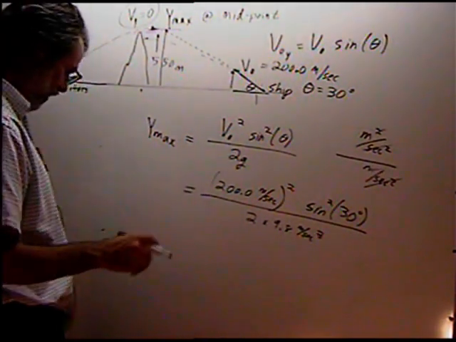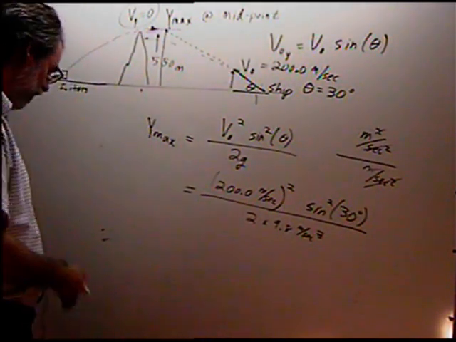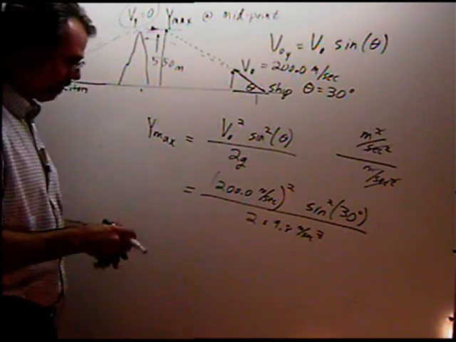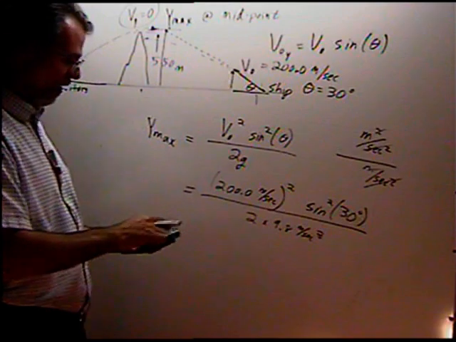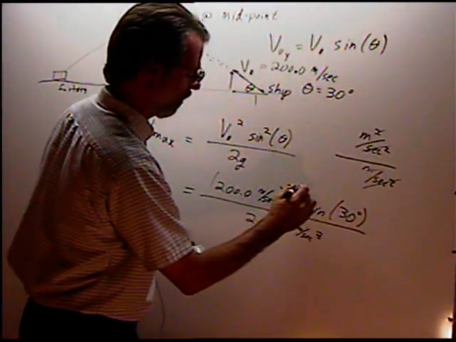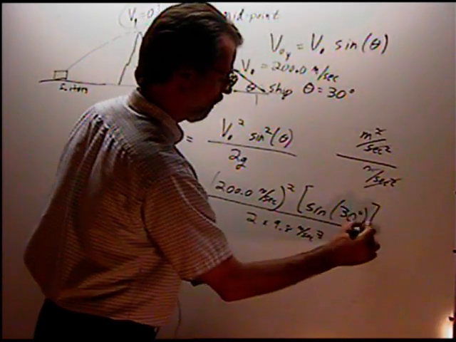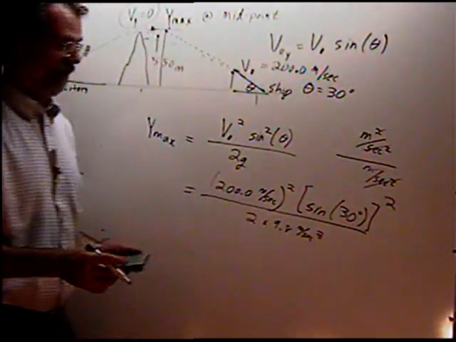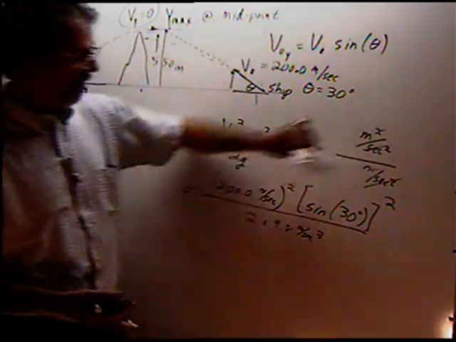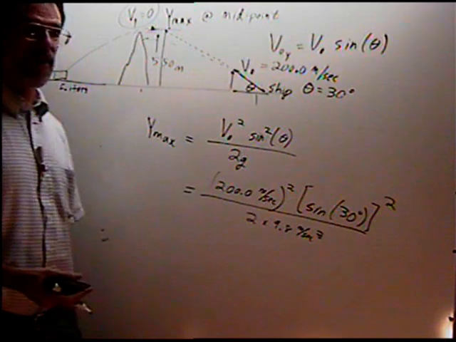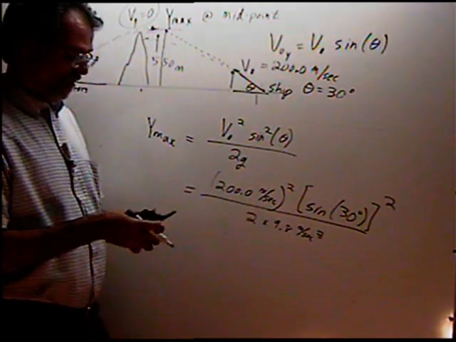So now we take our calculator. Notice when you do this, what you're really doing from a calculator point of view is taking sine of 30 and then squaring that. Okay? So don't get confused. You're not taking 30, squaring that, and then taking the sine.